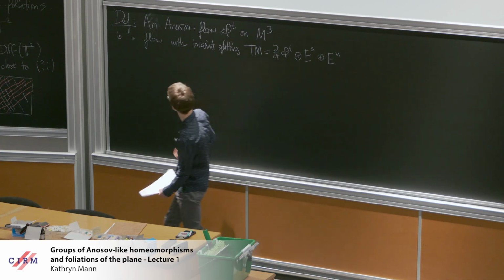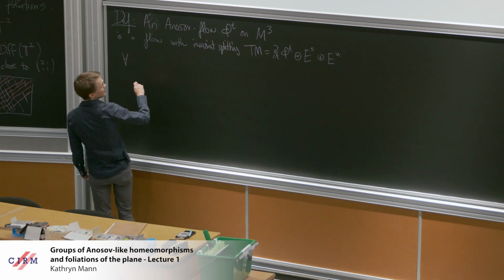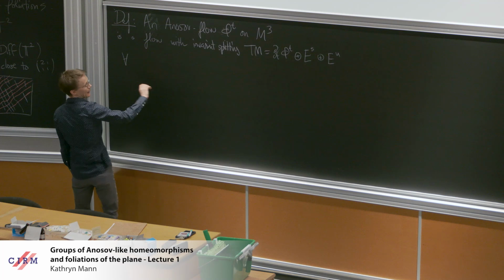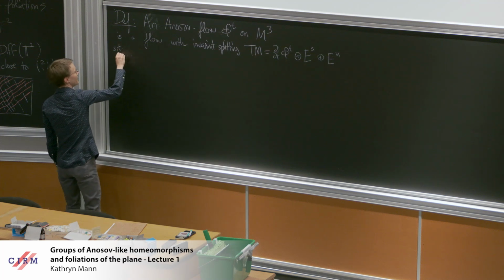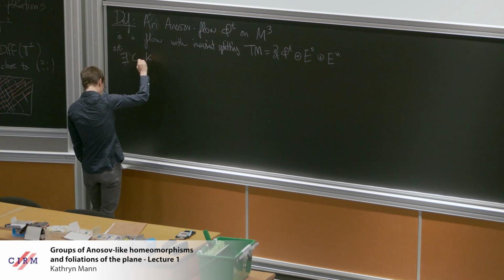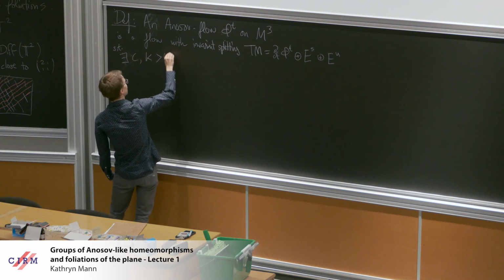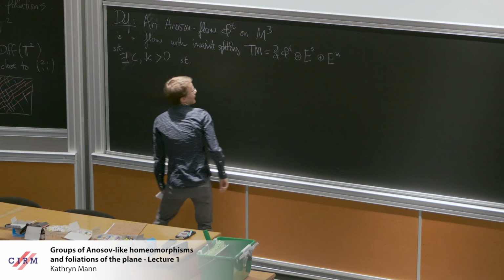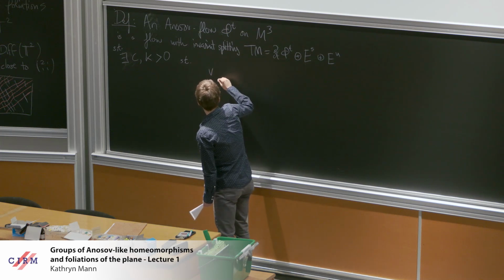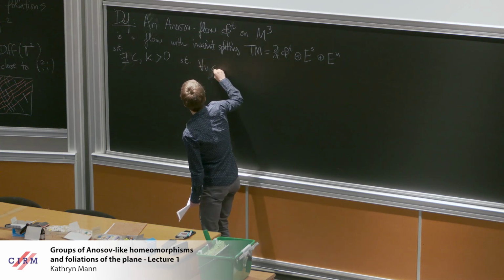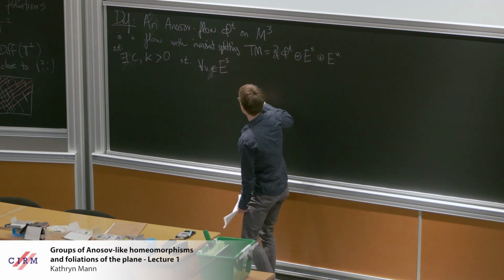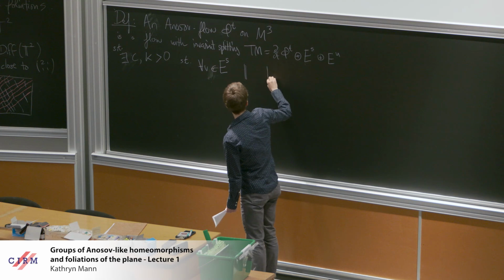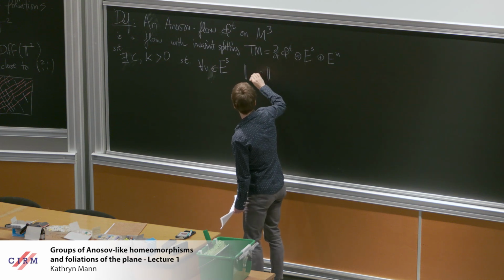So more precisely, a way to write this is that I'll need some constants. There exist some positive constants, so that if I take a vector that's in the stable one, the contracted one, say, and I look at the norm of what happens to it after I flow for time t.